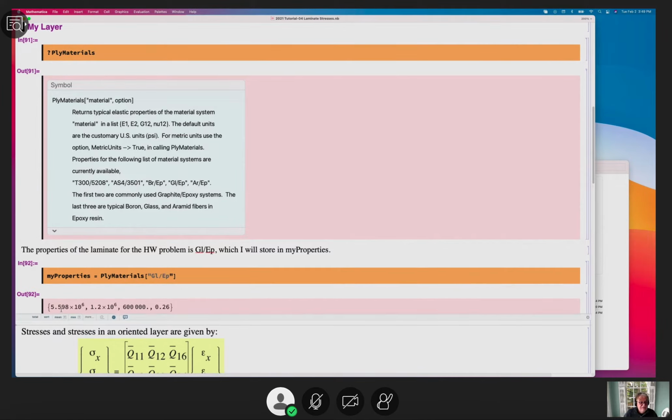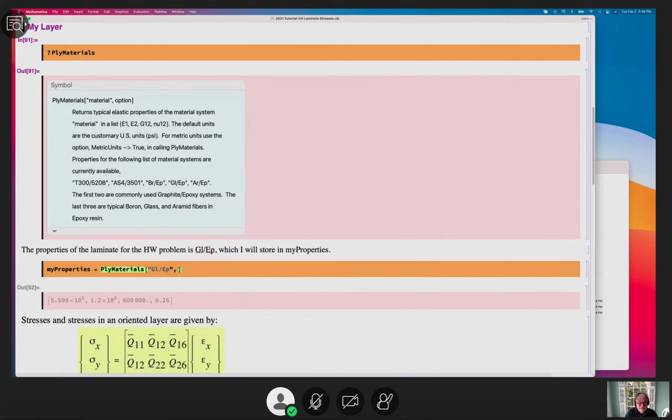All right. The only issue here is we have a metric problem, and default is conventional units. So the option is metric units true. Was it the default?